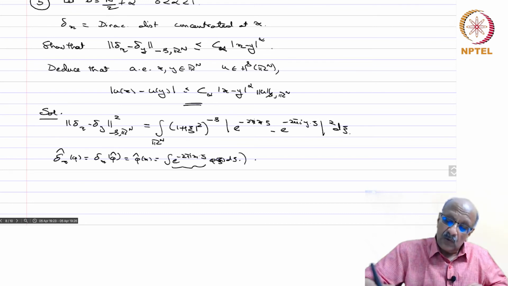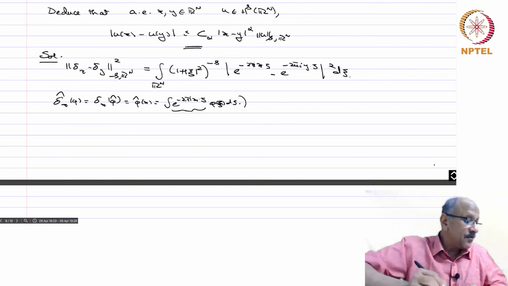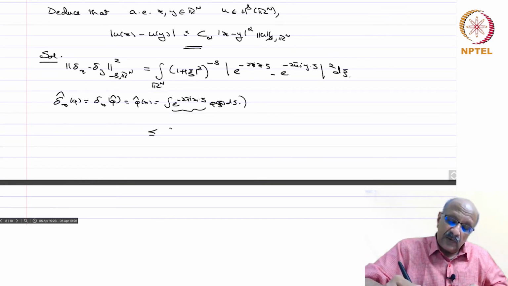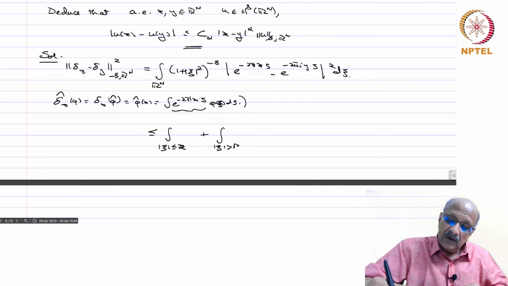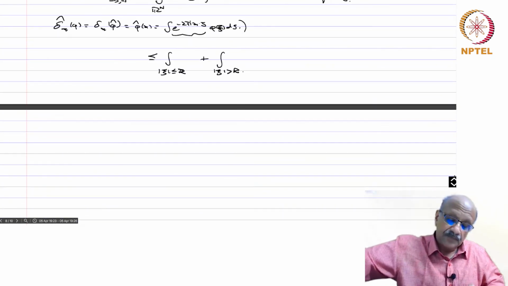This is what we have already seen before. Now we will say this is less than or equal to the integral over mod xi less than or equal to r plus the integral over mod xi greater than r. So we will split it into two parts.